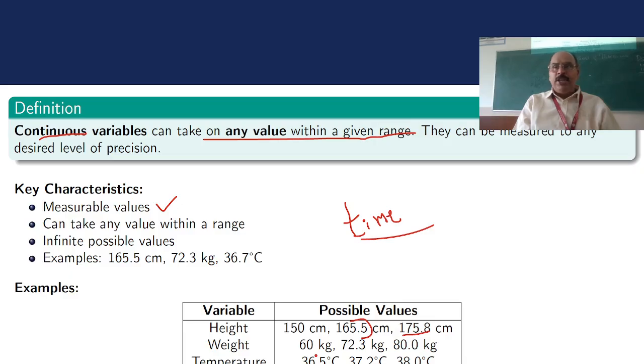Qualitative, quantitative data, discrete, continuous variables. Okay? These concepts are different. Don't think they are all the same, even though there is some similarity. No, it is not like that. If you think carefully, you can understand.